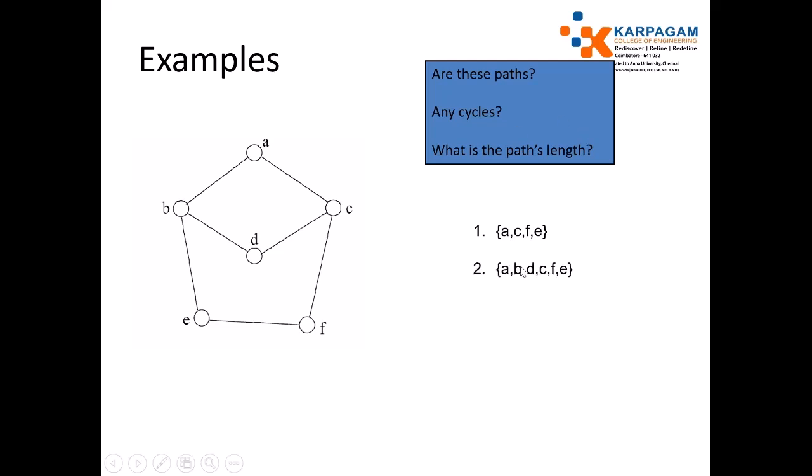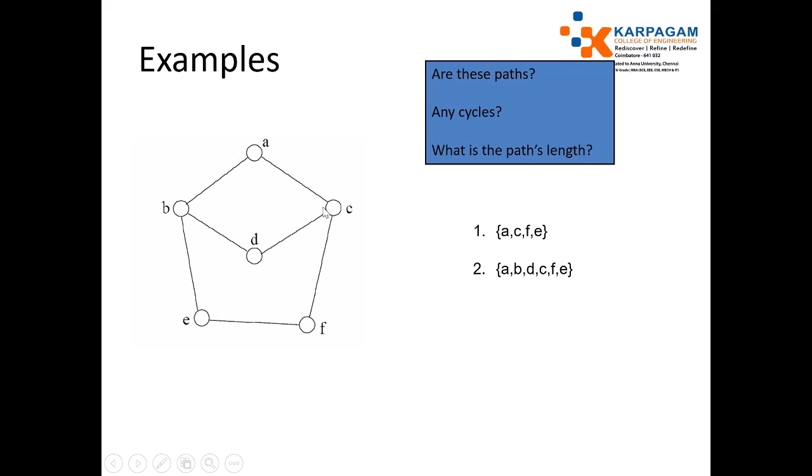Next question: A, B, D, C, F, E. You need to identify whether this is a path or a cycle, and what the path length is. A to B, B to D, D to C, C to F, F to E. So this is a path only.